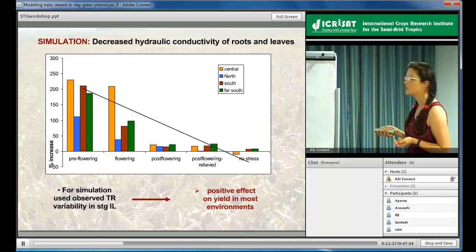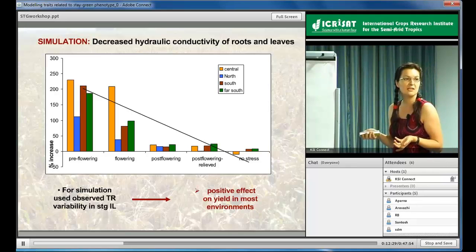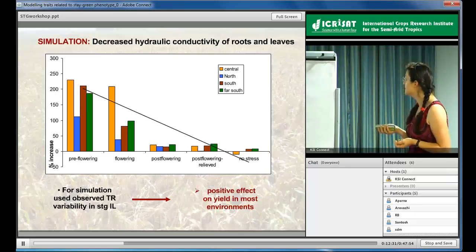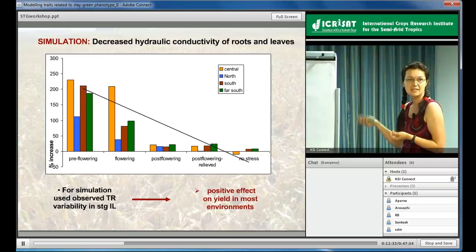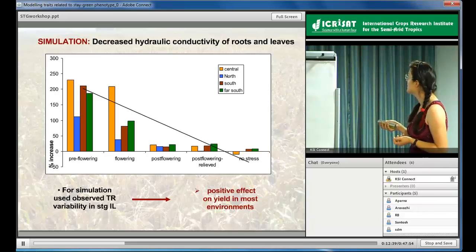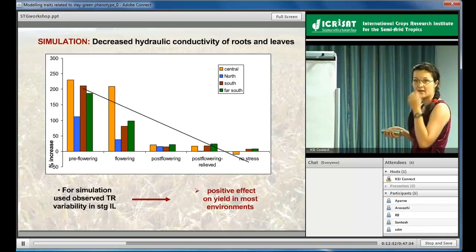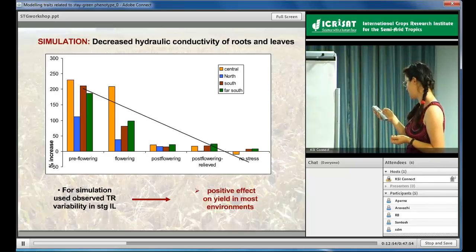On the y-axis you have the proportional increase in yield after introduction of this trait of hydraulic limitations in the crop canopy to that original genotype. So you see that across various zones in our main Rabi sorghum tract, we are getting quite reasonable yield increase across all those various scenarios and all the regions.